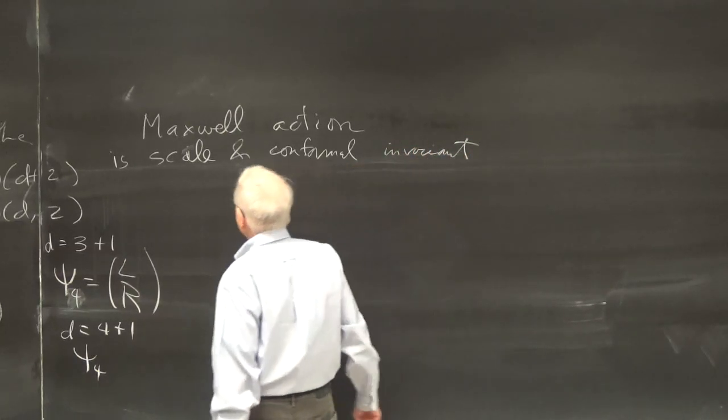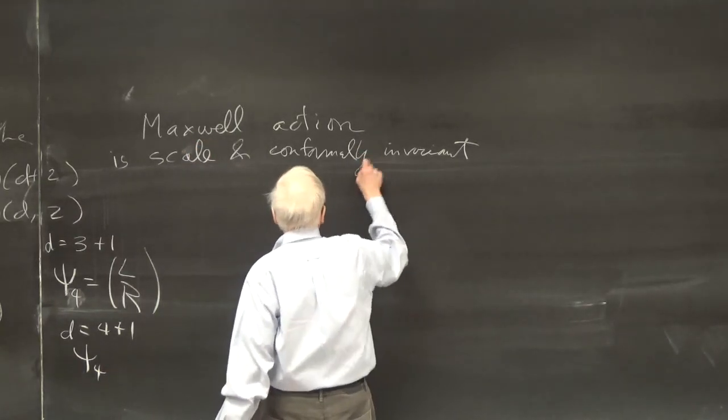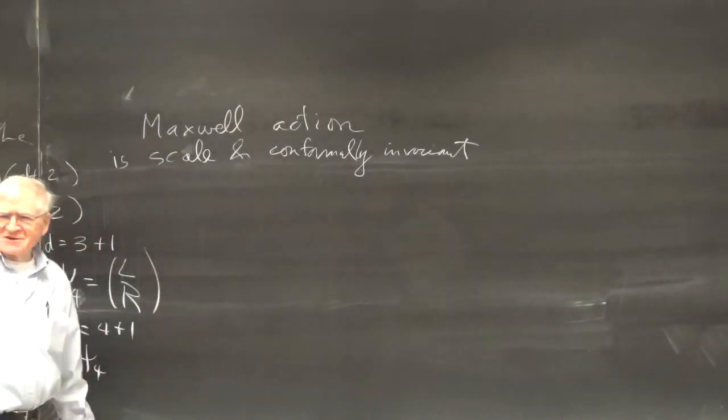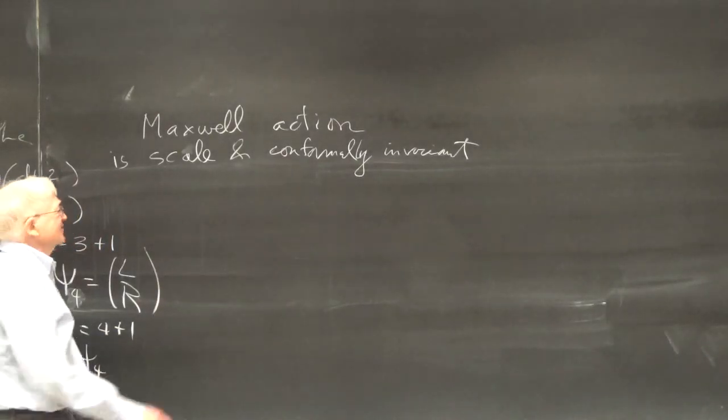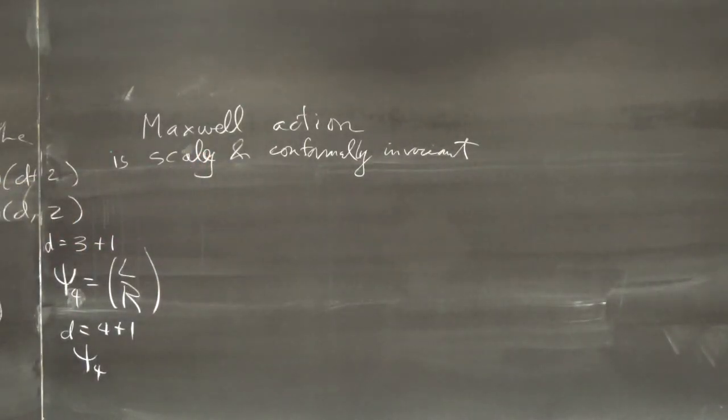And I don't know how to say that in English. I would say conformally invariant, but can I say scaly invariant? All right, what the hell? It is scale invariant and conformally invariant.